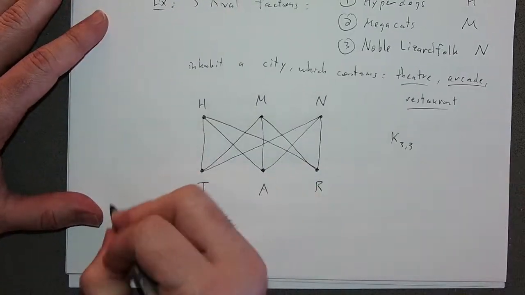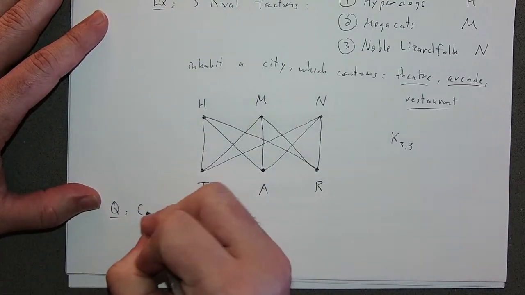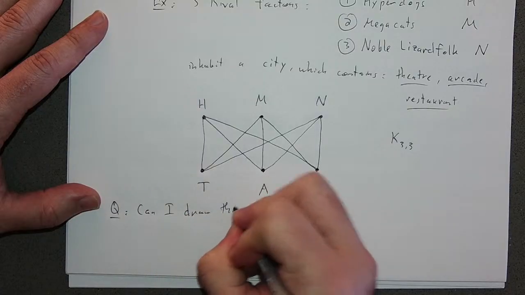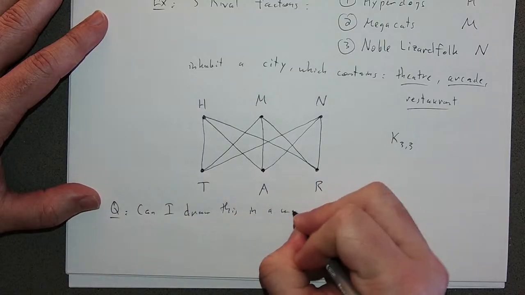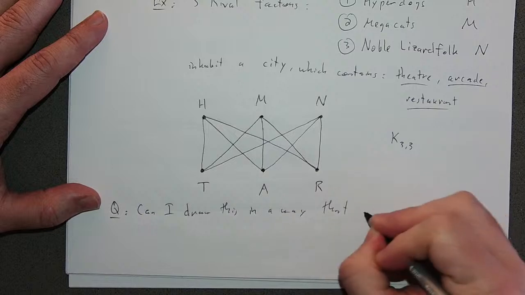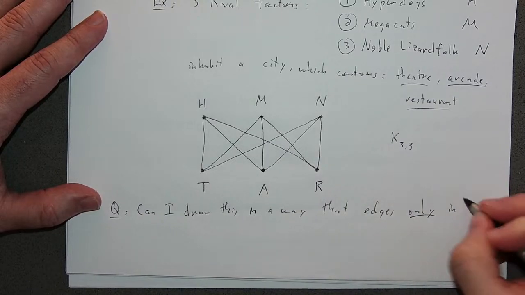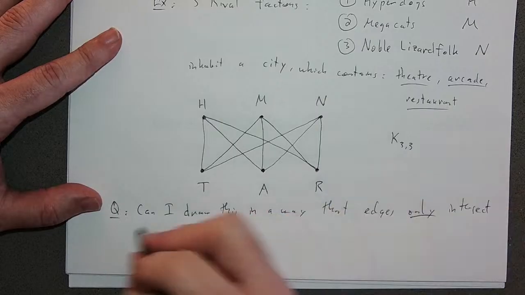So question, can I draw this in a way that edges only intersect at vertices?